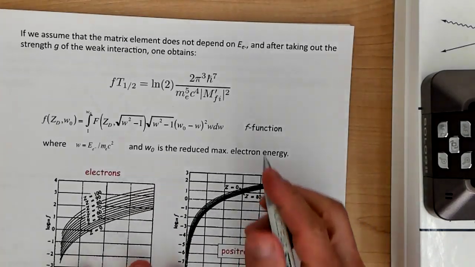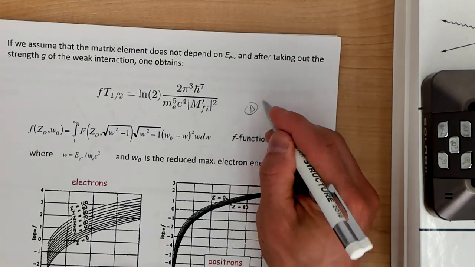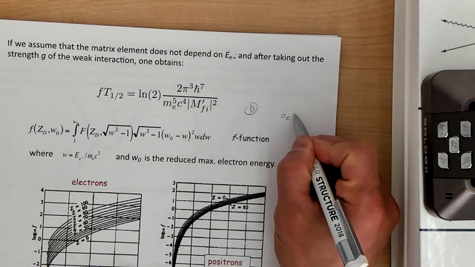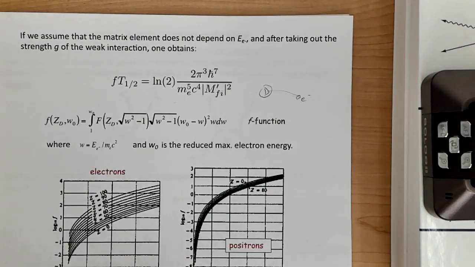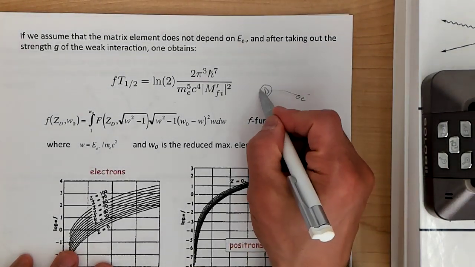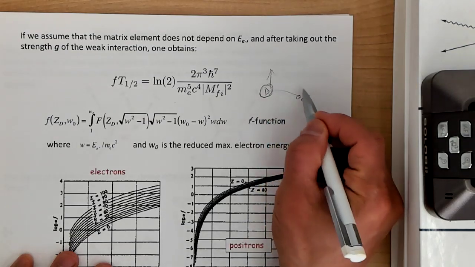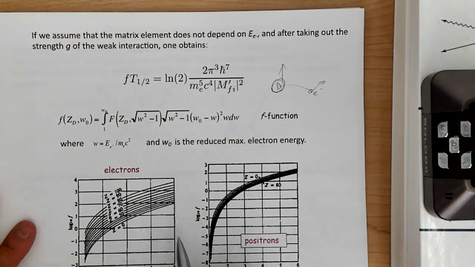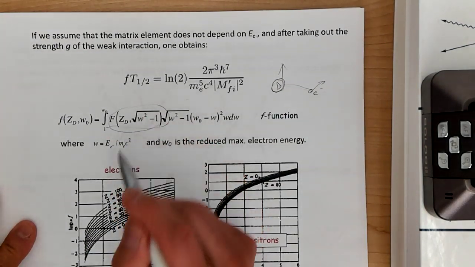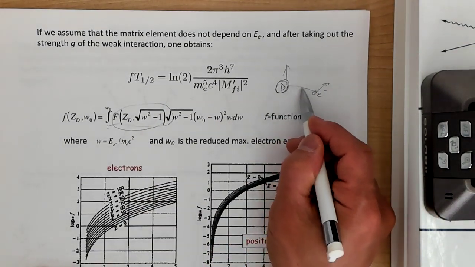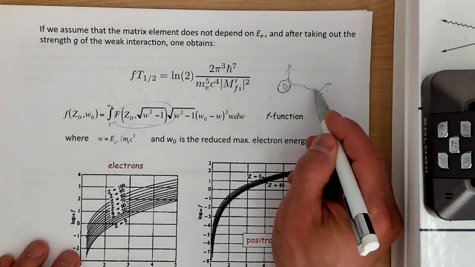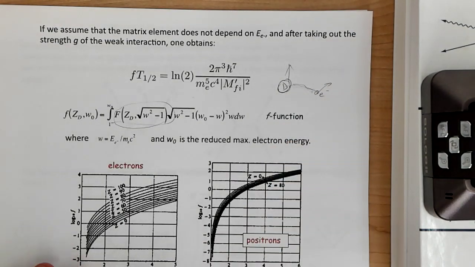Remember, what's happening is in the beta decay we have the daughter nucleus, and then we have the electron, and there's a Coulomb interaction between these two that distorts the outgoing wave function of these guys. And so that's where this Fermi function is coming in to describe that Coulomb repulsion, or Coulomb attraction actually in this case, with the negative and the positive.